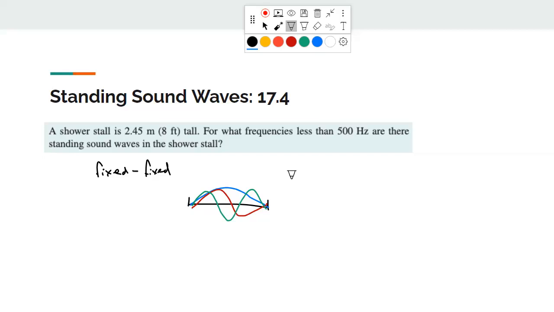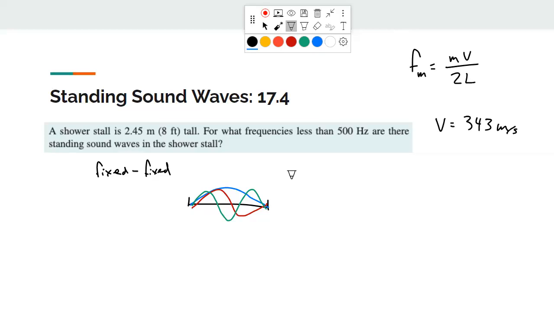So we know that our equation for the frequencies, Fm, is m times v over 2L. And the nice thing about sound waves is that to a good approximation, you immediately know the velocity. It's just the speed of sound, 343 meters per second.